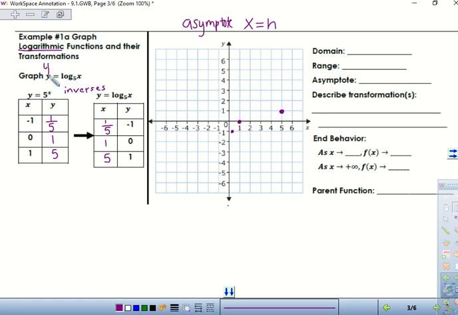Now, if I draw or write the logarithmic parent function, like right here, you guys can probably see, do we have an a here other than 1 in our equation? No. Do we have an h other than 0? Do we have a k other than 0? No. So this actually has no transformations.